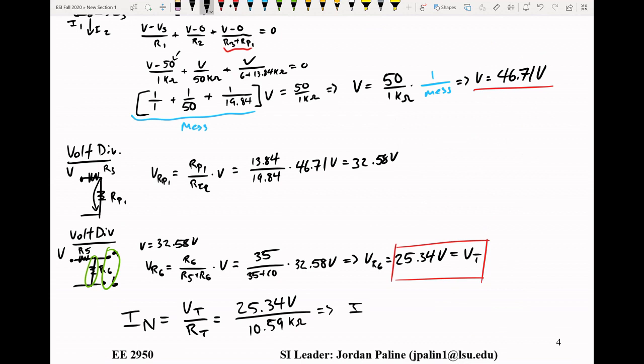Therefore, I Norton will be equal to 2.39 milliamps. All right, so this is a complex problem, but complex problems can be good for learning opportunities.